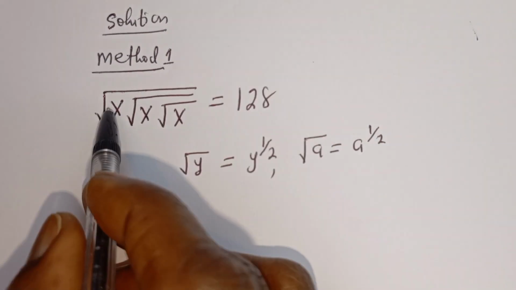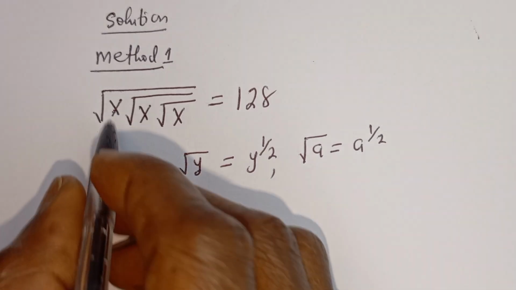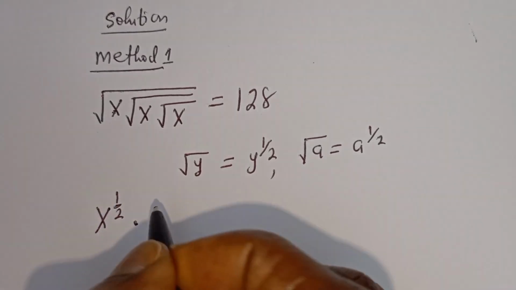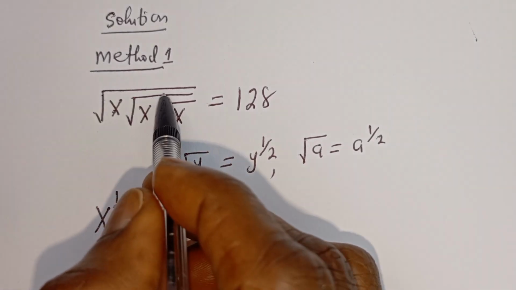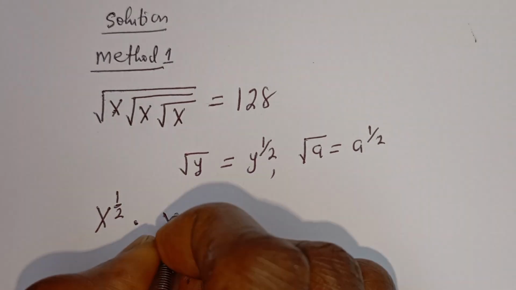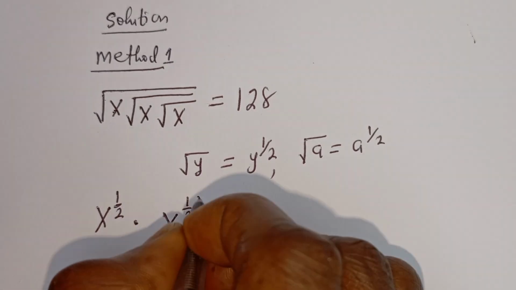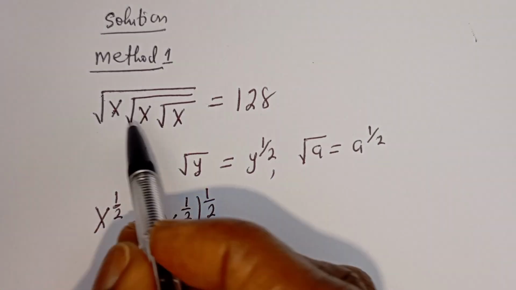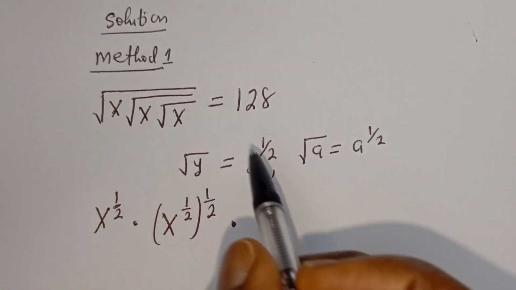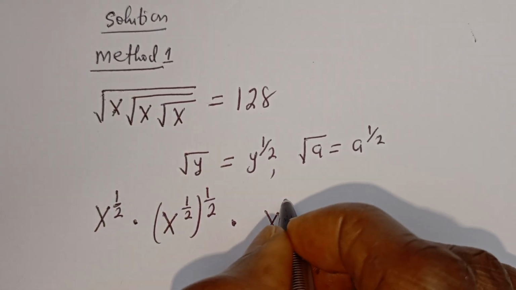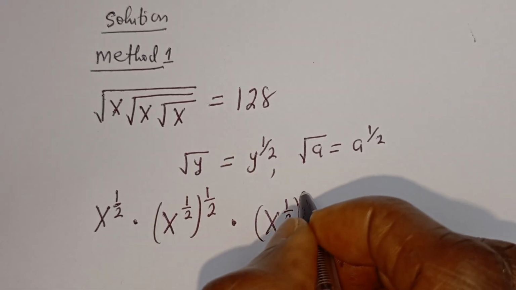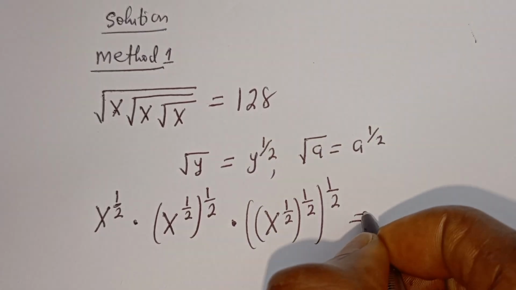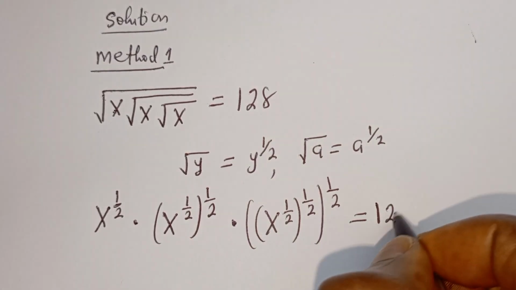So this can be written as: the first square root of s is s to the power of 1 over 2, multiplied by the next square root, which is s to the power of 1 over 2 to the power of 1 over 2, multiplied by the last, s to the power of 1 over 2 to the power of 1 over 2 to the power of 1 over 2, is equal to 128.